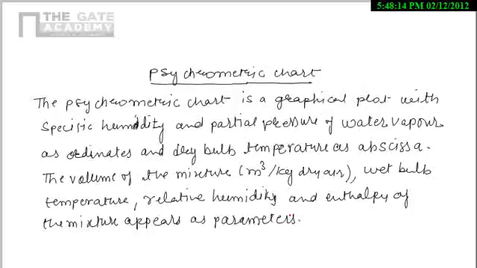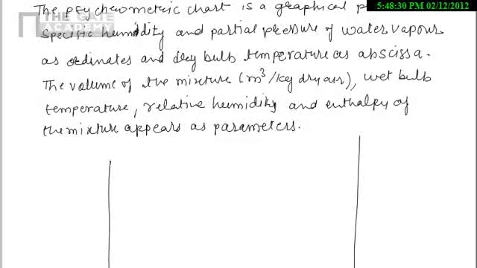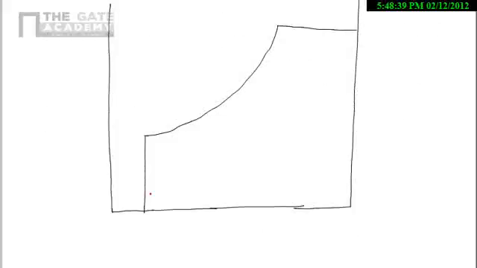Now I will draw the psychrometric chart and then we will see the different parameters. I am now drawing the psychrometric chart here. In the chart I am showing some curves. Here we have PW, that is partial pressure of water vapor in bar.